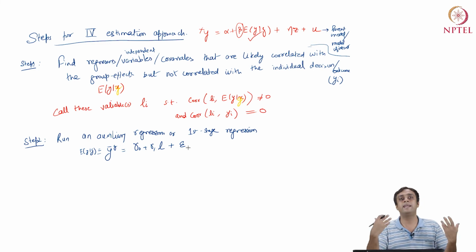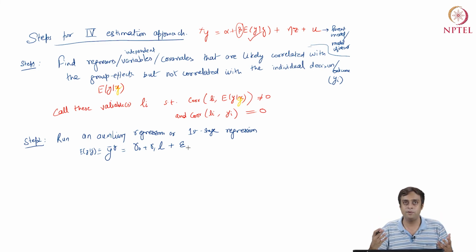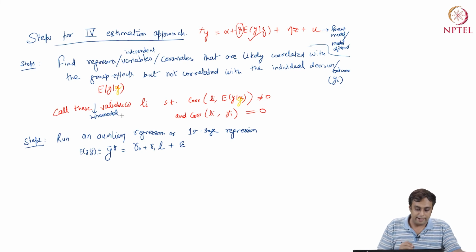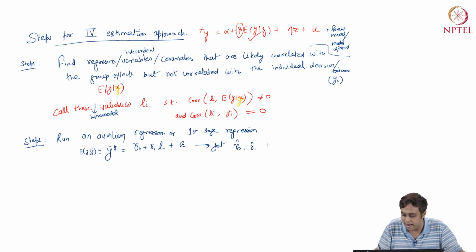So, I am going to now regress these neighborhood level variables onto this instrument L. These are instruments. And then I am going to obtain your gamma 0 hat and gamma 1 hat, and hence you are going to get your y bar hat, which is nothing but gamma 0 hat plus gamma 1 hat L_i.